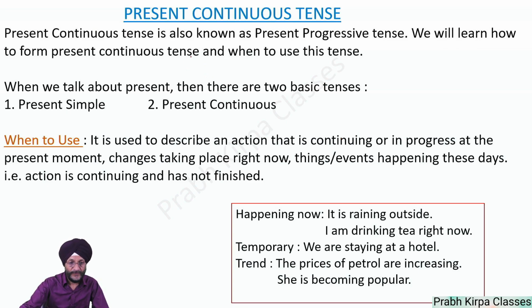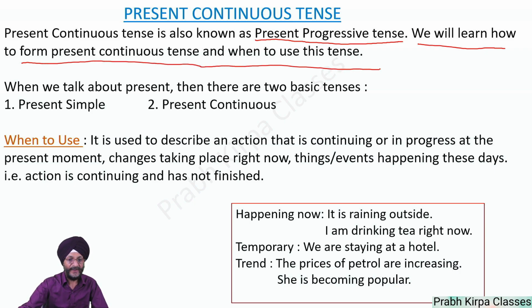Now we come to the topic present continuous tense. Present continuous tense is also known as present progressive tense. We will learn how to form present continuous tense and when to use this sentence.